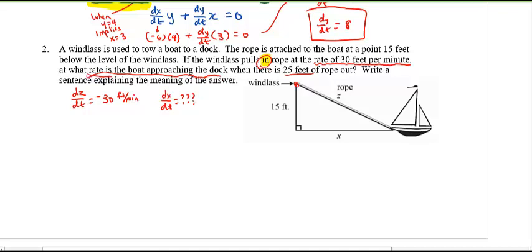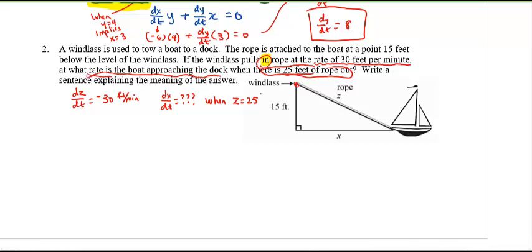Right? And what scenario? Because it changes all the time depending on how long the rope is and how fast you're pulling it in. So it's saying at what rate is this boat approaching when there is 25 feet of rope out. So what is dx/dt when there is 25 feet of rope? When z equals 25. That's what they want you to find out.